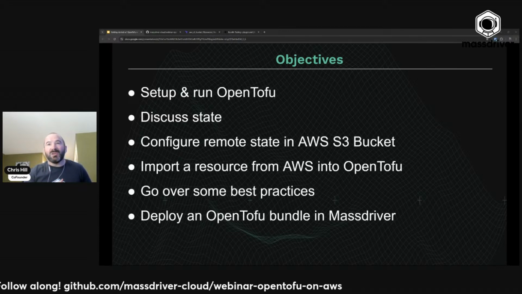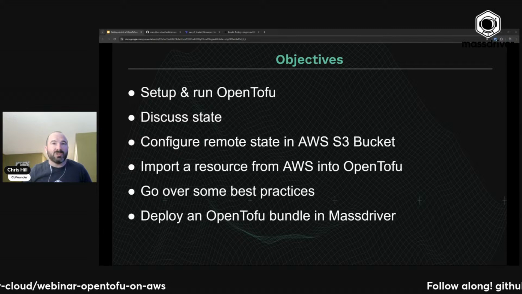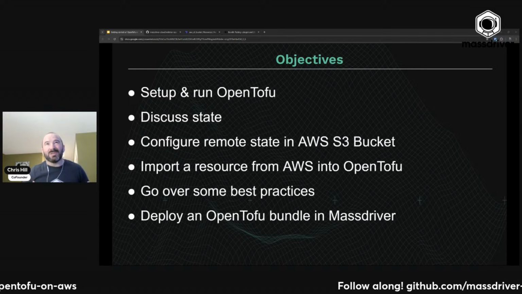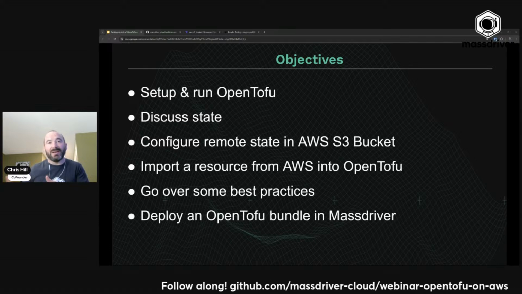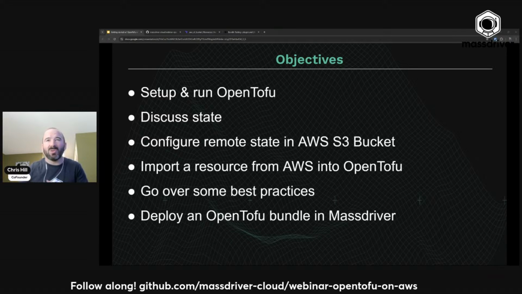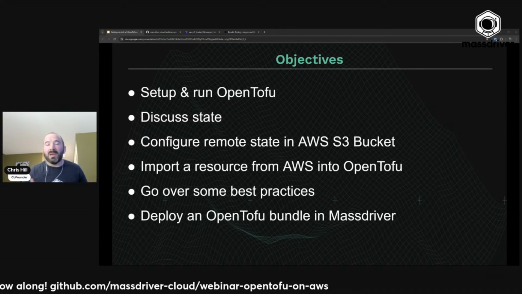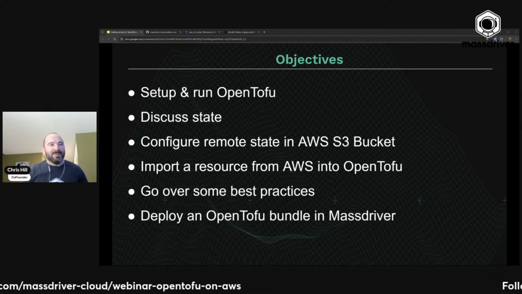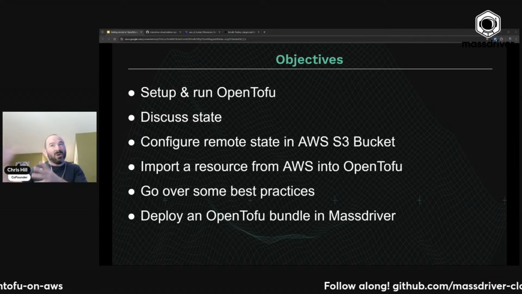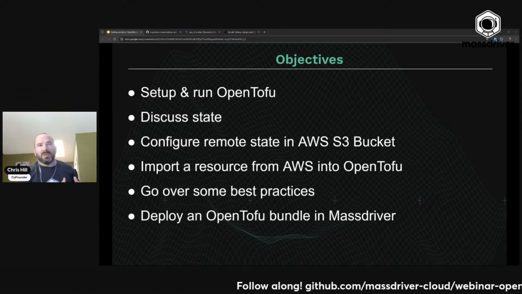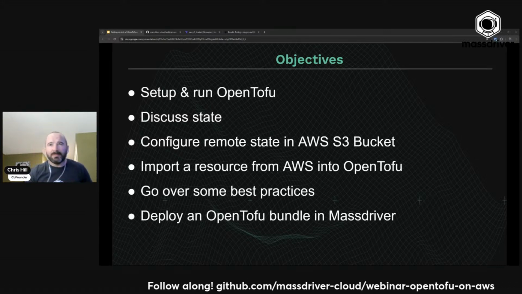We'll look at how you can use importing in OpenTofu to manage existing cloud resources. It's also the same process that you would use if you needed to recover state. If for some reason your state became corrupted or lost, importing is a way to convert existing resources that aren't managed by OpenTofu into being managed by OpenTofu.